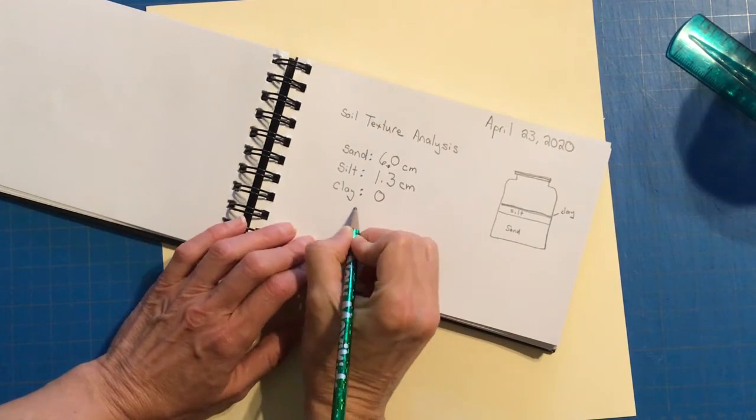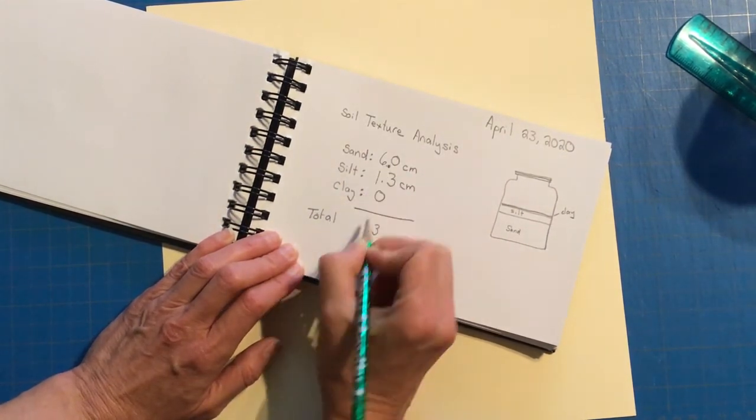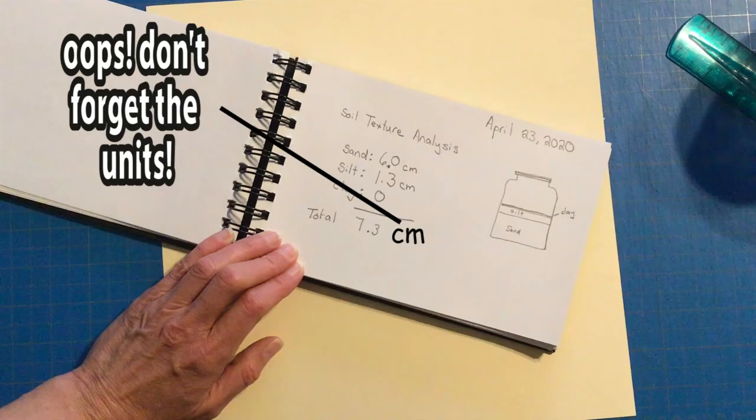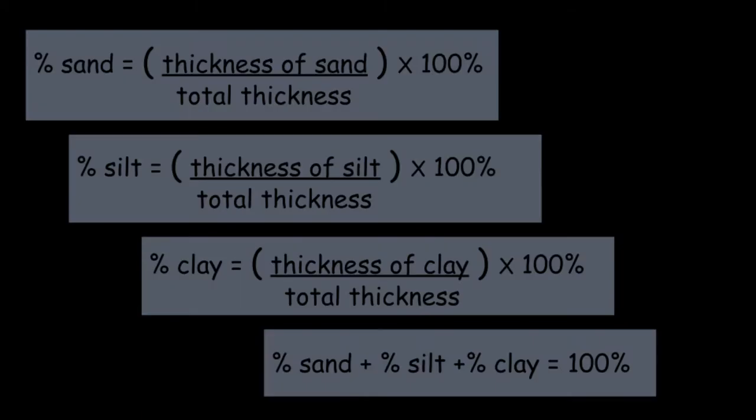To get the total thickness of all the solids, you can either measure all of the layers together or you may add them up. To determine the percentage of each particle size, divide the thickness of each layer by the total thickness and multiply by 100%.